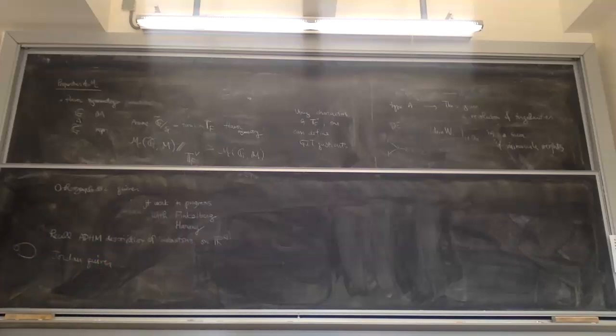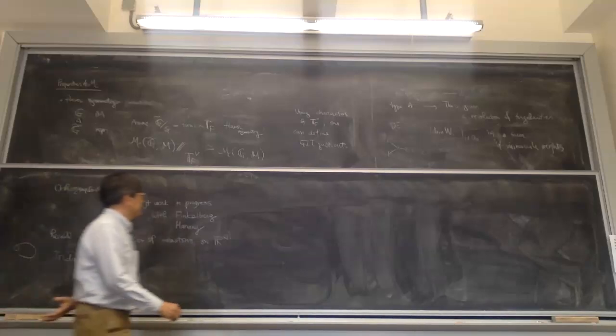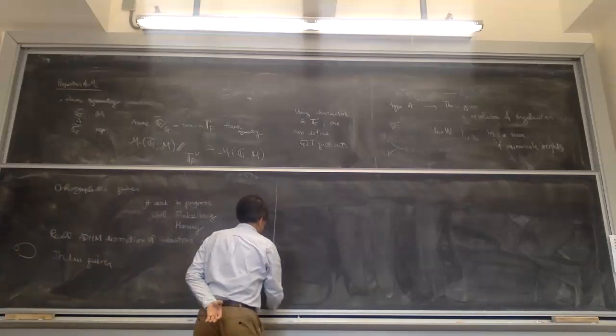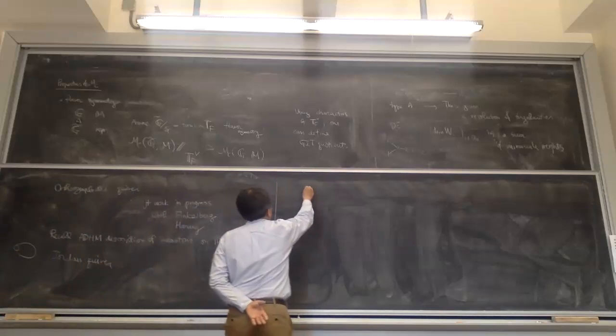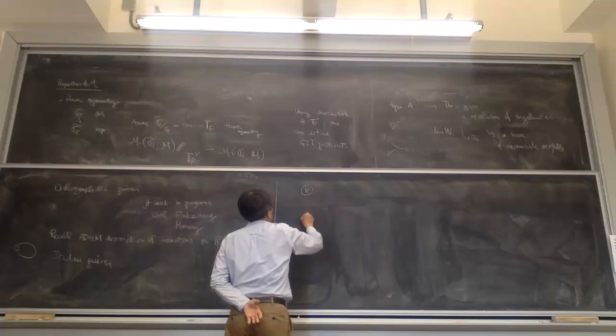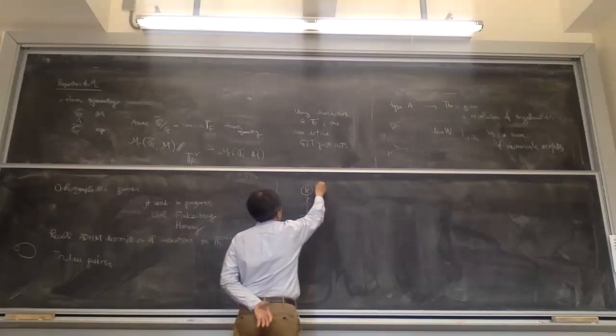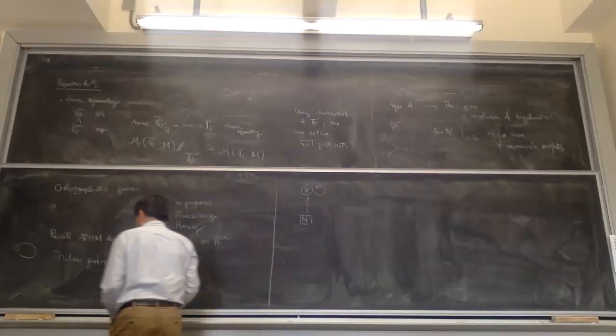So in this Jordan quiver case, what is the Higgs branch concretely? I use the notation K and N, and you make a double.